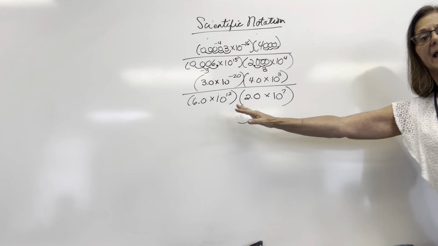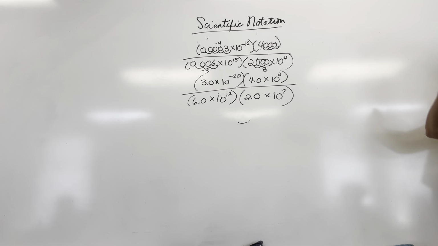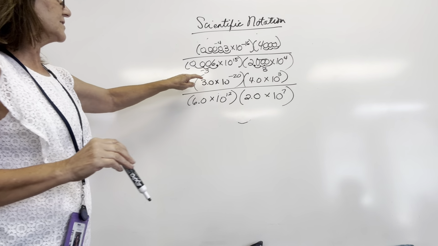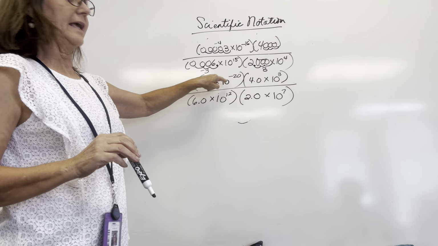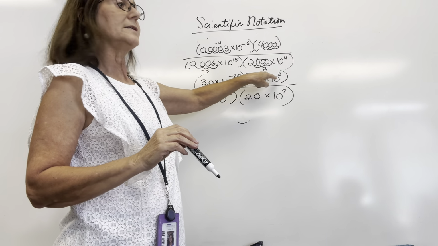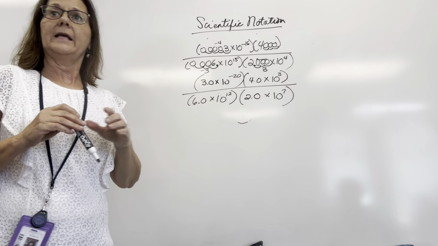All right, so once I have it in proper scientific form, everybody look. This is the same thing as 3 times 10 to the negative 20 times 4 times 10 cubed.